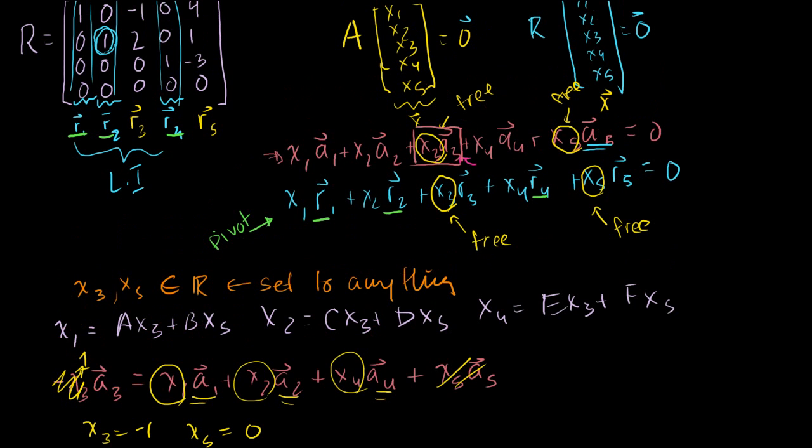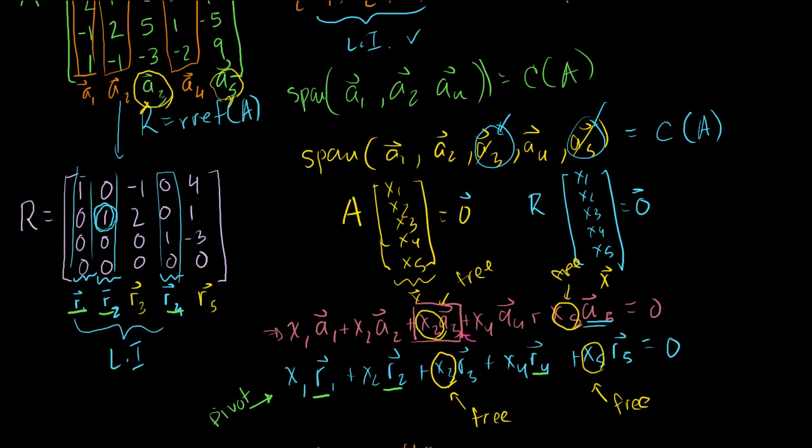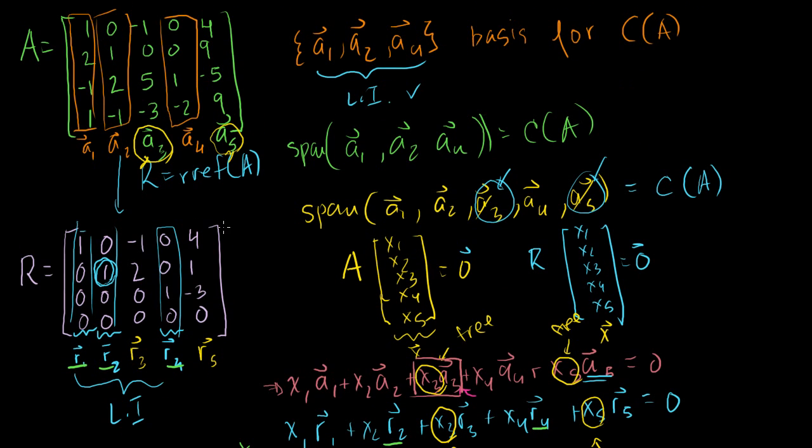So given that, I've hopefully shown you, or at least helped you see, or made you comfortable with the idea that the vectors, let me do them in a nice vibrant color, these magenta vectors here that are associated with the free columns, or with the free variables, right? The free variables were x3 and x5, and those were these columns right here.